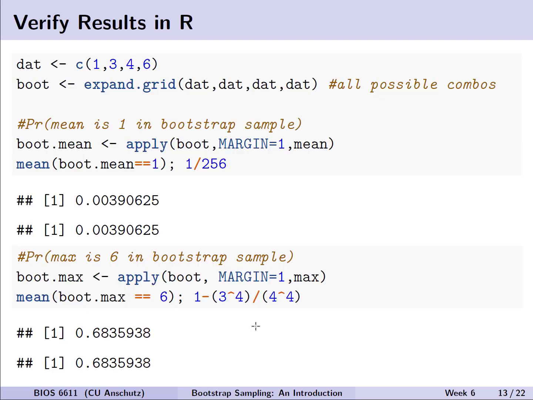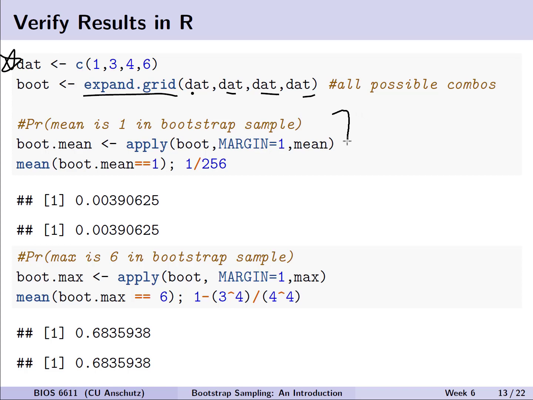So let's quickly see how we can verify these results in R and also illustrate this idea of a complete and exhaustive Bootstrap sample. We start by entering our first line of code at the top here, dat, with just a vector of 4 values. Leveraging the expand.grid function, we can then put dat 4 times to recreate all possible combos of sample length 4, or sample size 4, and store it in the object boot, which will be a data frame of all 256 combinations.